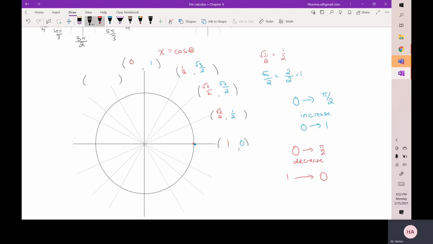So if I'm looking in my second quadrant, we're in the negative x-axis and the positive y-axis. So I can just rewrite this number up here as negative 1 over 2 and root 3 over 2. That'll still be positive. And I can extend it from there and have negative root 2 over 2, and then positive root 2 over 2 for the y coordinate, and so on.